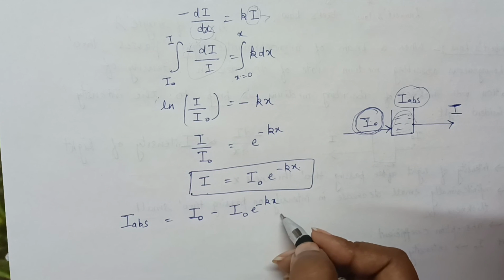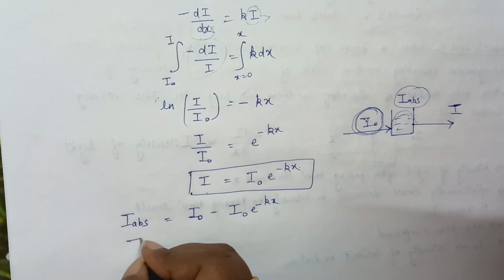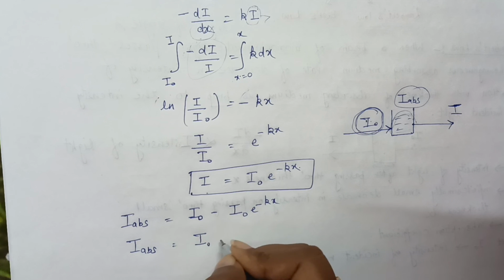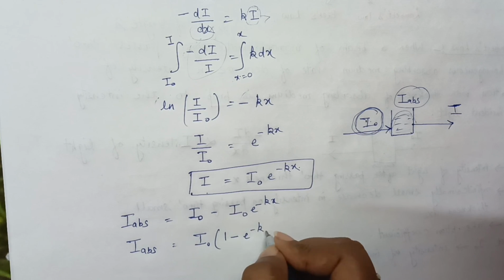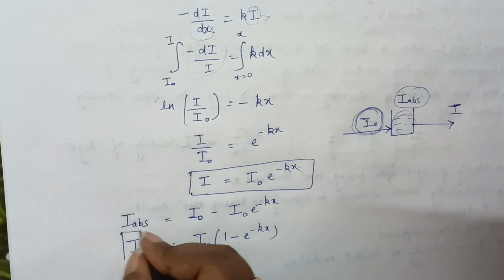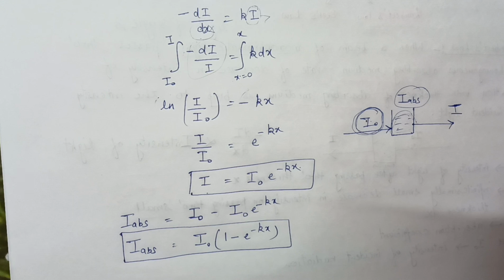That's why we have got this equation. From here I absorbed will be equal to I naught, taking it common, times 1 minus e to the power minus kx. So this will be the intensity of absorbed radiation.